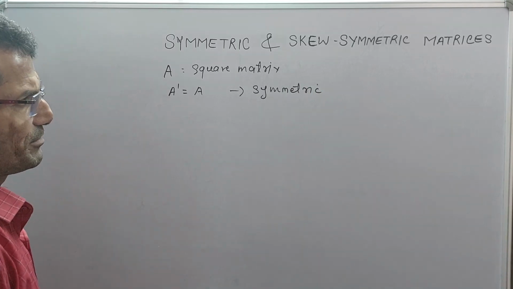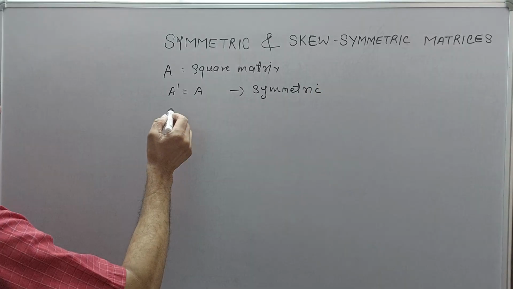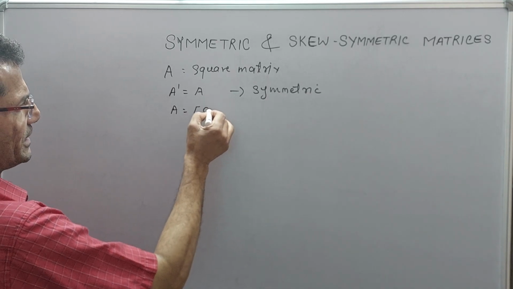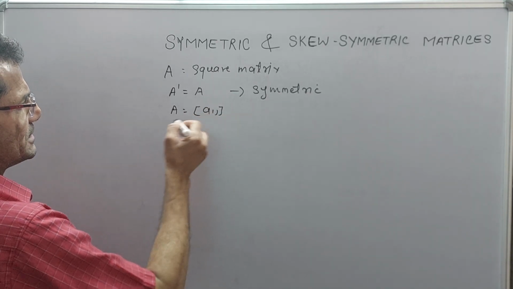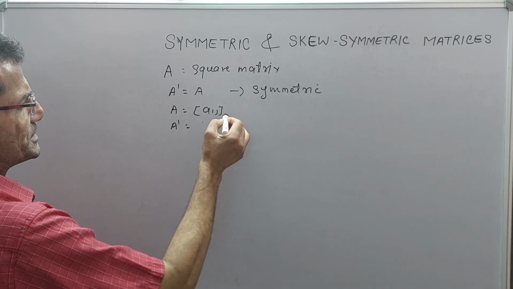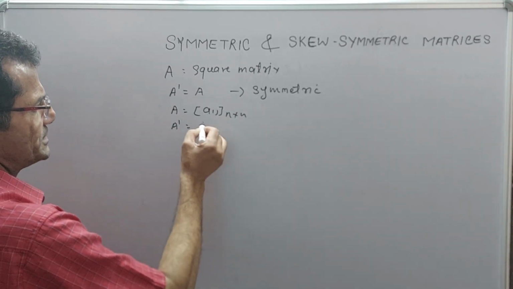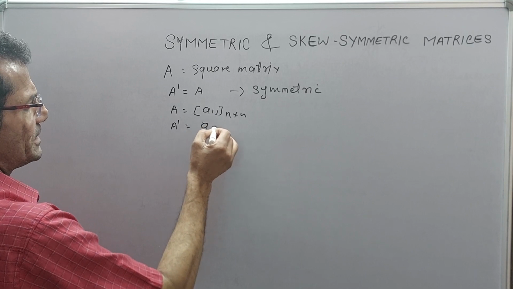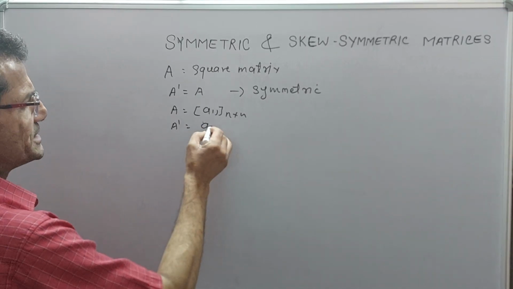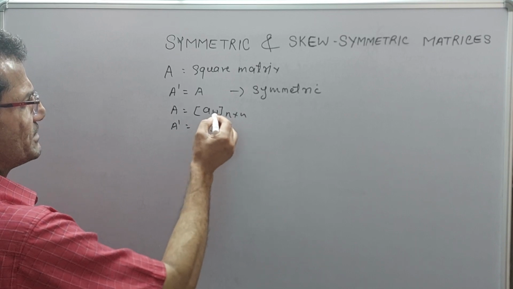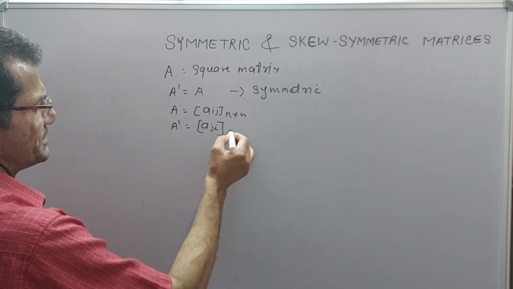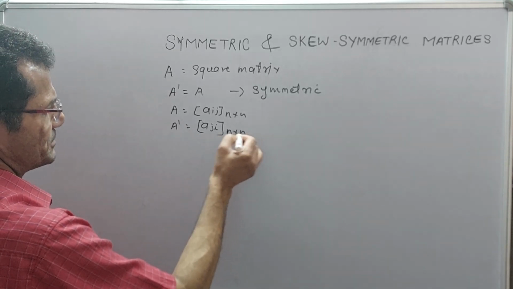If the transpose of A is equal to A, and if I write A in the general term, the ijth element, suppose it is a square matrix of order n cross n, the transpose of A_ij will be A_ji.